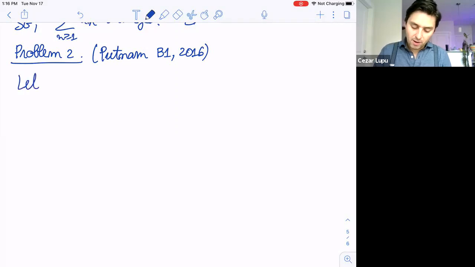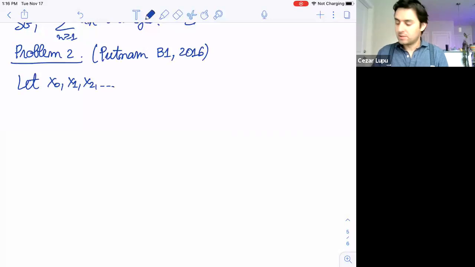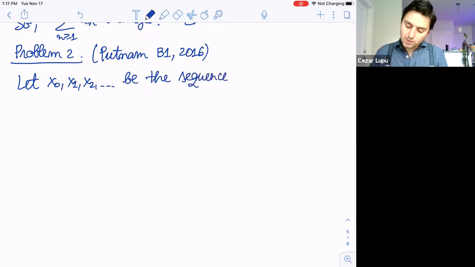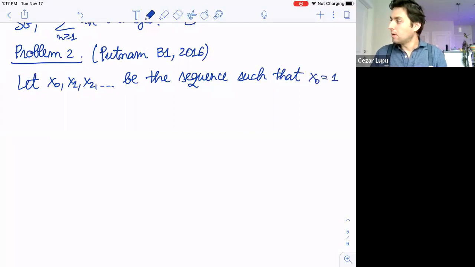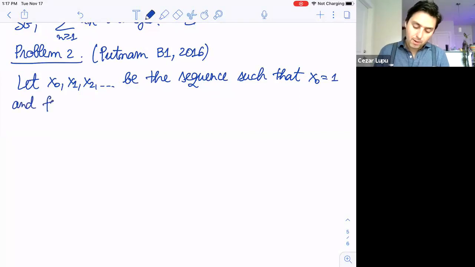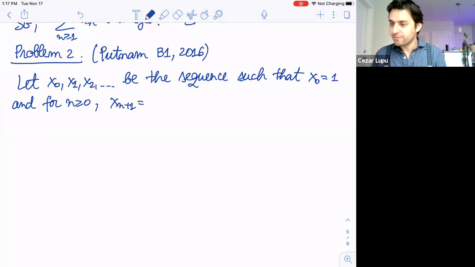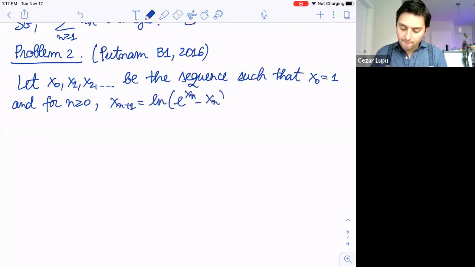So the problem says the following: let x0, x1, x2, and so on be the sequence such that x0 is 1, and for n greater or equal than 0, we have the following recursion. I think we've dealt with some recursion. So x_{n+1} is the natural log of e to the xn minus xn.